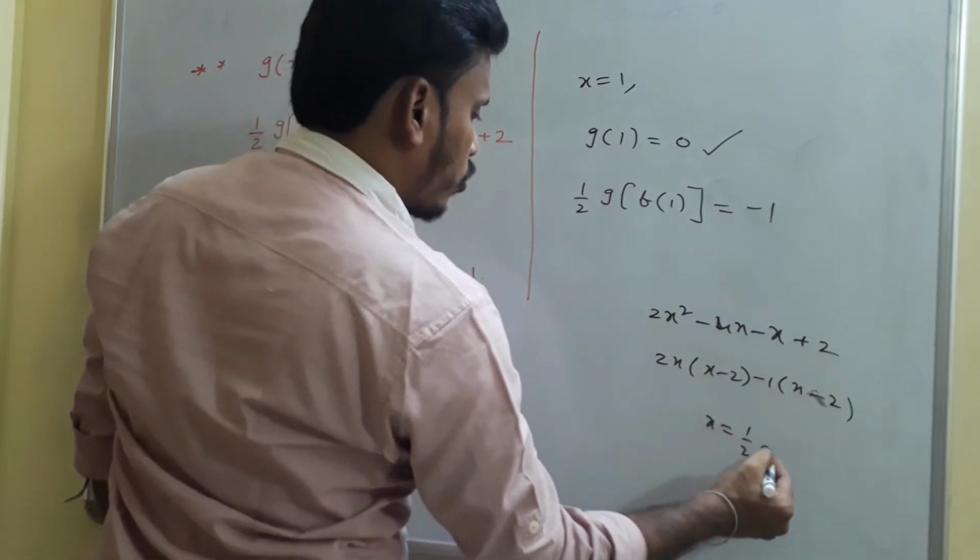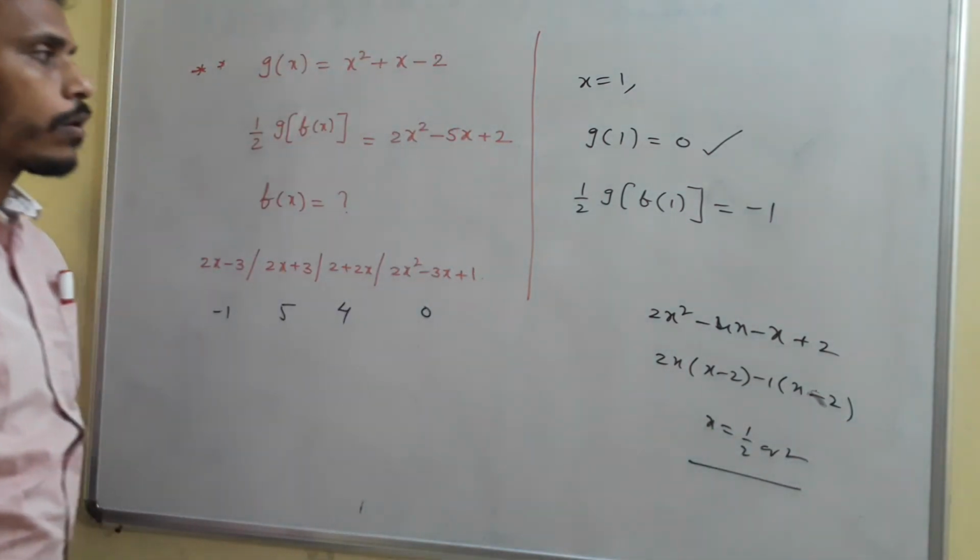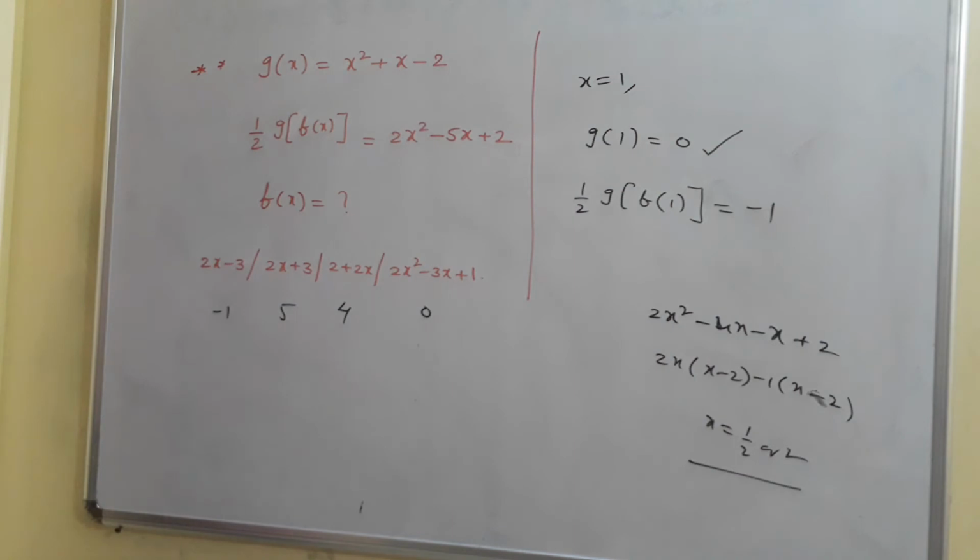So x is equal to 1 by 2, or 2. So x is equal to 1 by 2 or 2. g of 1 is 0.